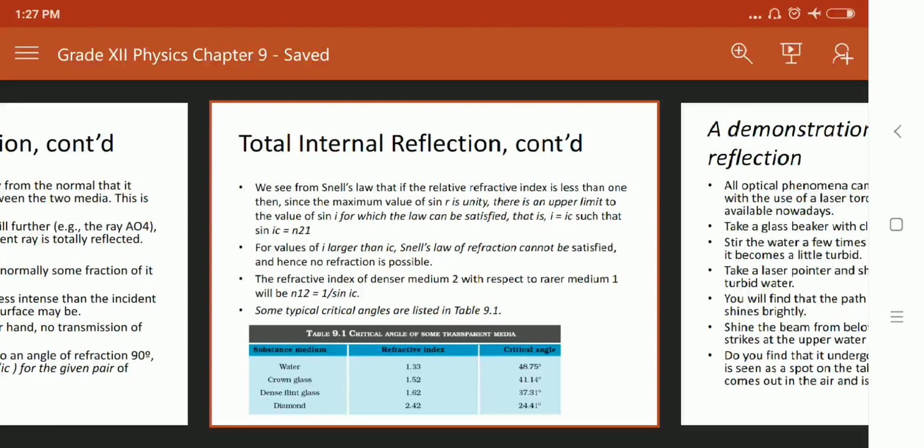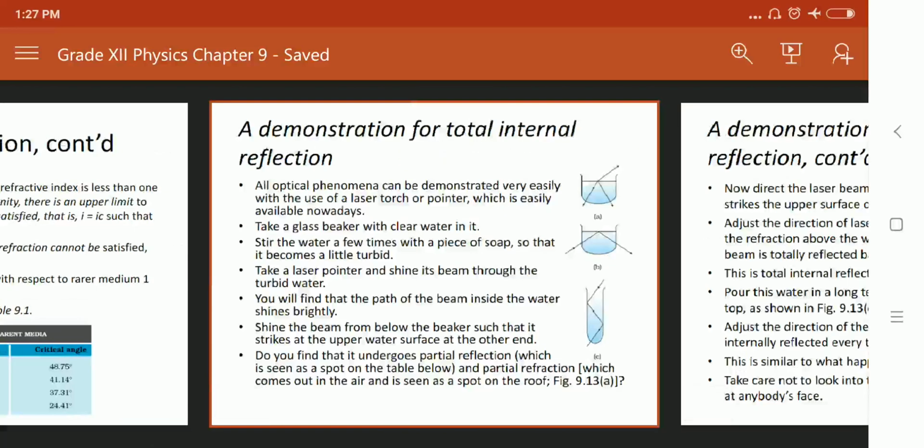Now this total internal reflection we can also demonstrate practically through an activity. Take one laser torch through which a light beam can be generated. Take one glass beaker filled with water, and stir pieces of soap into this water.